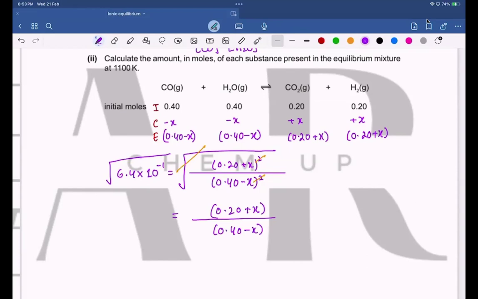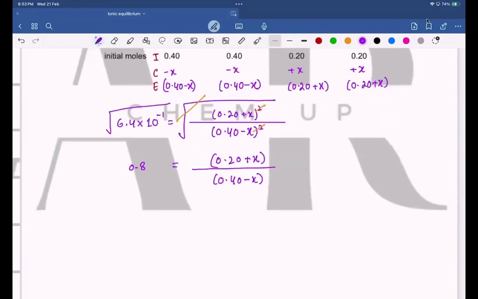Yes, sir. Can anyone tell me what will be the root of 6.4 exponent minus 1? 0.8. Is this clear? Now, when we move the denominator to the opposite side, it will multiply by 0.8. So 0.8 times 0.4, is it 0.32 or 0.032?